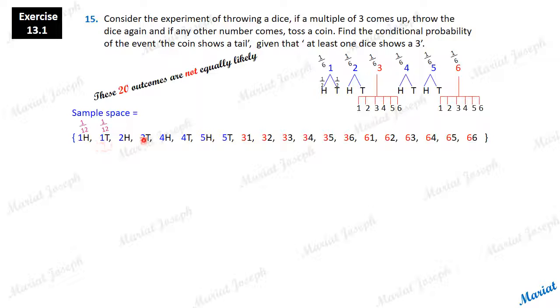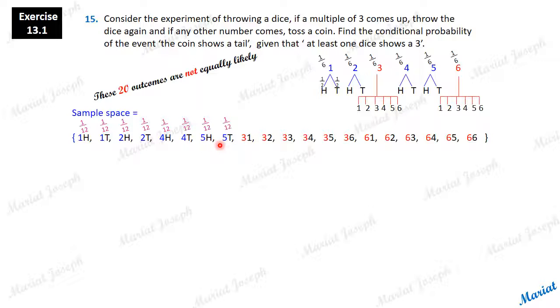Same here, 2H, 2T have probability half of 1 by 6, that is 1 by 12 each. Same with 4H, 4T and 5H, 5T. All of these will have 1 by 12 chance.